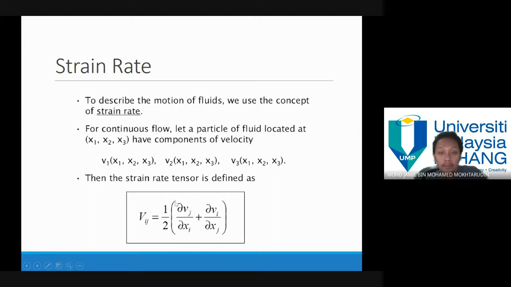So don't worry about the formula. Just want to let you know that the strain rate tensor, V, equals half of the differentiation of velocity over the differentiation of the original coordinates.